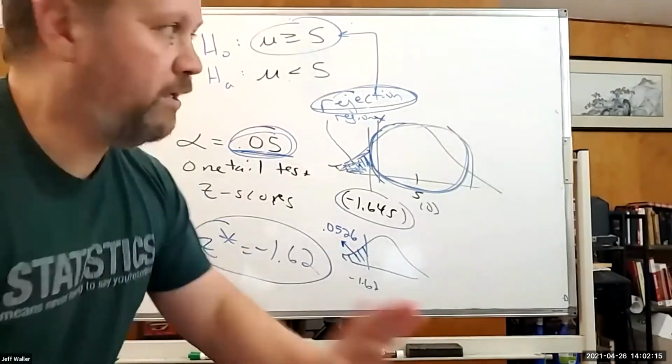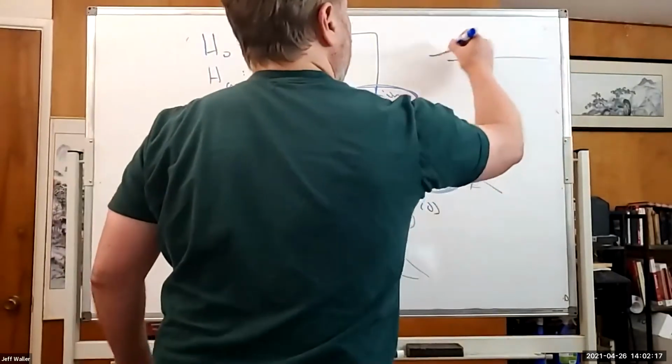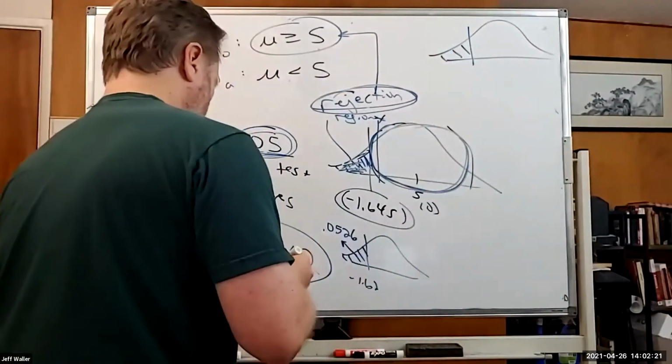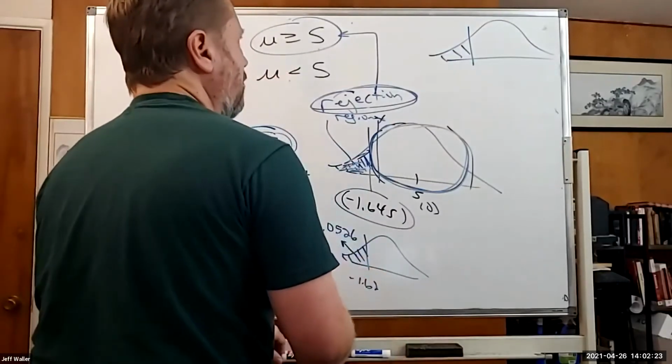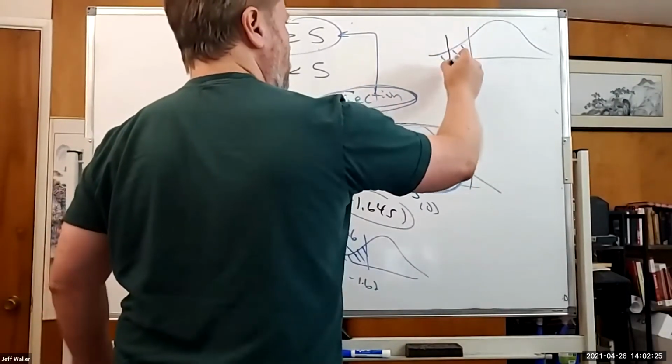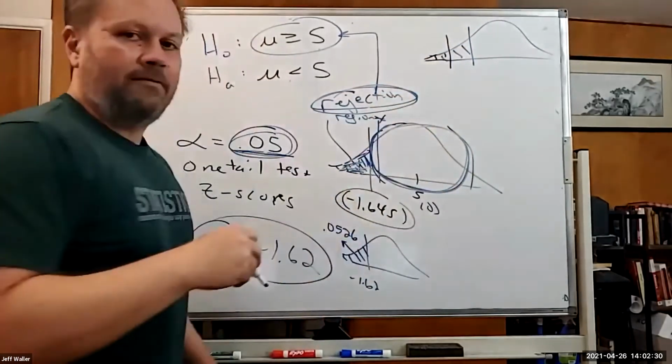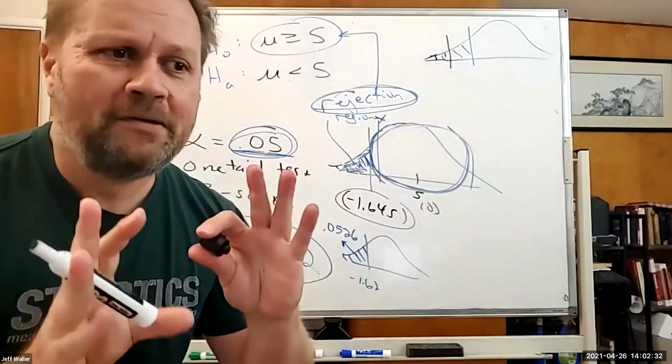Damn. Because, now watch, I really want this to make sense. If my rejection region tail is bigger than my p-value tail, I really want you to get this.